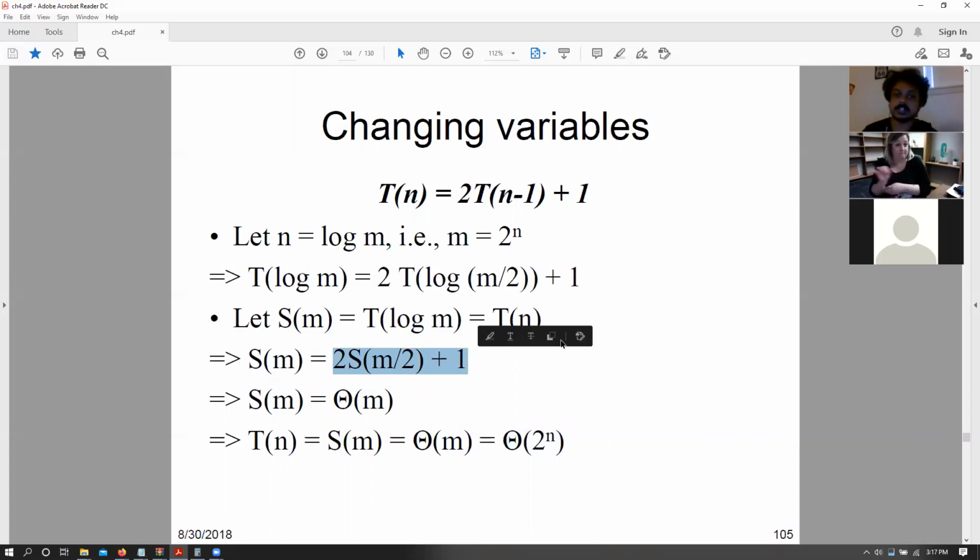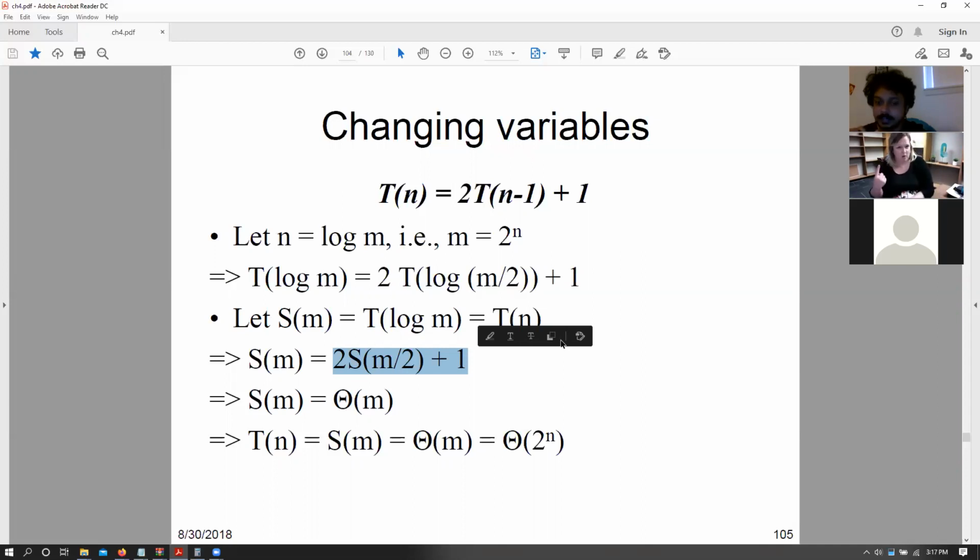Can someone tell me which case of the master theorem this would apply to? What is a, what is b, what is f(n)? Let's start with that. It would be case 1 because log base b of a would be 1, and then f(n) is 1, so it would be case 2.